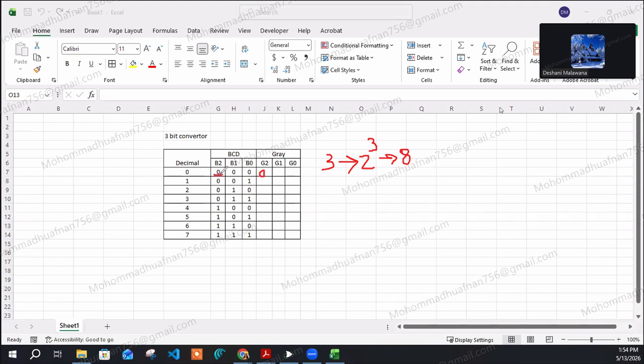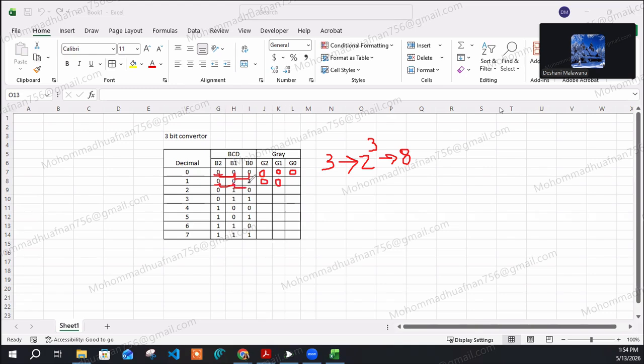Then we consider XOR between these two. 0 XOR 0 means 0. Then we consider this one with this one: 0 XOR 0 is 0. Then same as this one, the first digit comes the same way, 0. Then 0 XOR 0 is 0. I'm just revising these things.